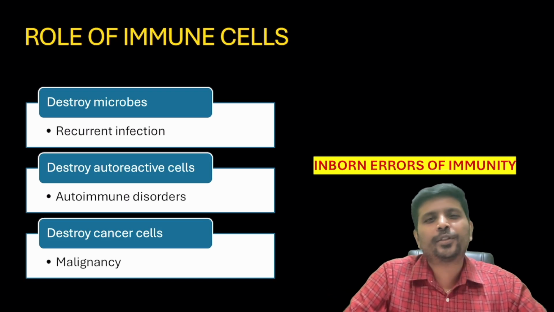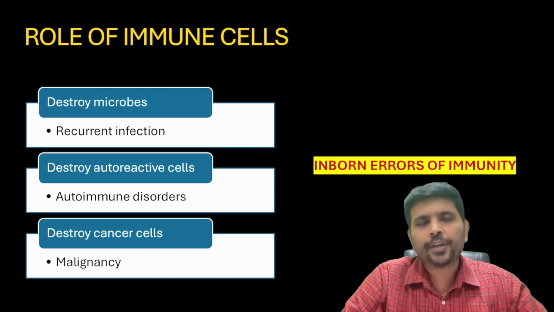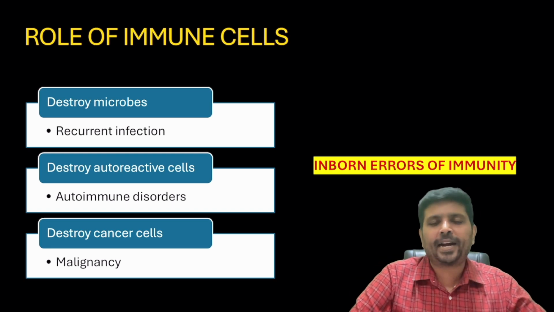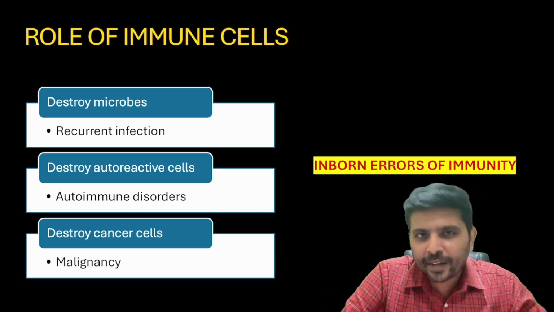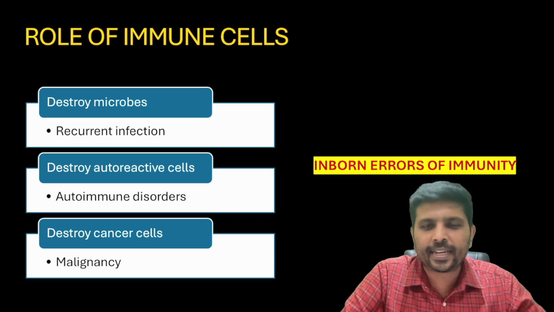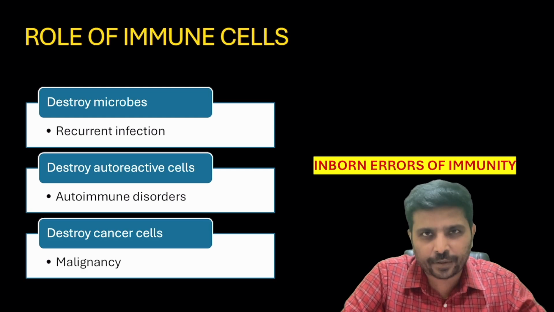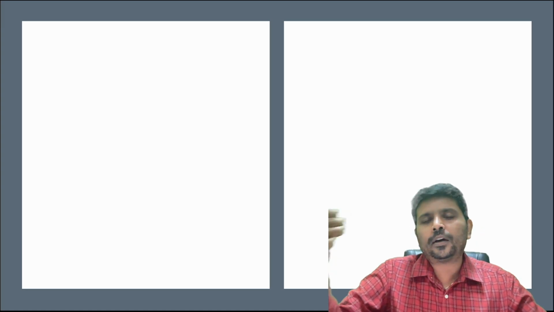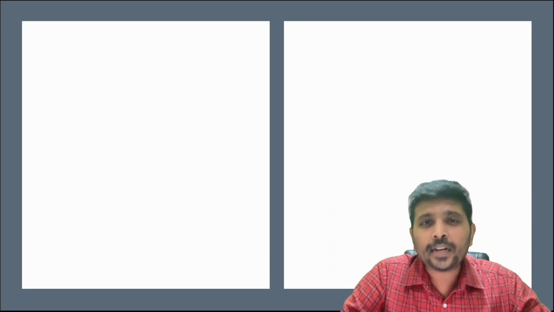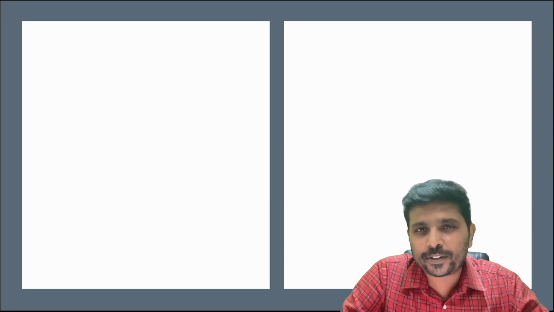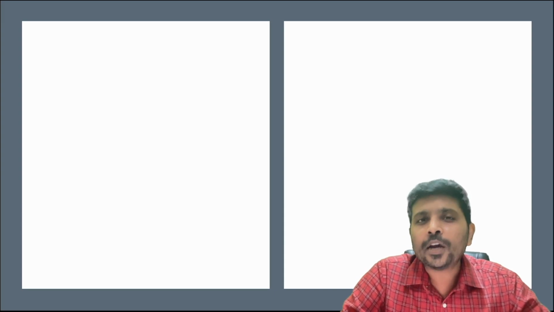Before proceeding to the investigation further, you need to know pattern recognition. What do you mean by pattern recognition? In the previous slide, we discussed T cells, B cells, NK cells, neutrophils, etc. Based on that, we are going to divide it into four things: disorders of phagocytes, disorders of B cells, disorders of T cells, and disorders of complement.